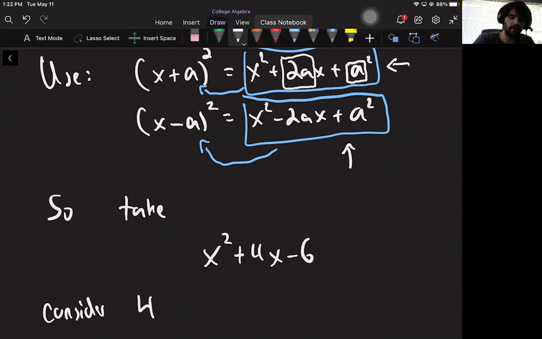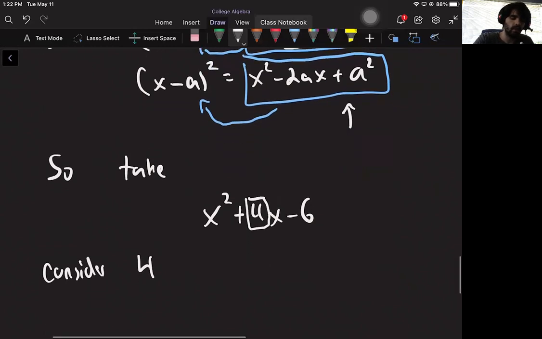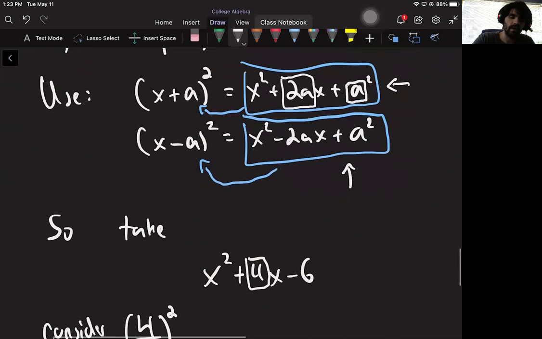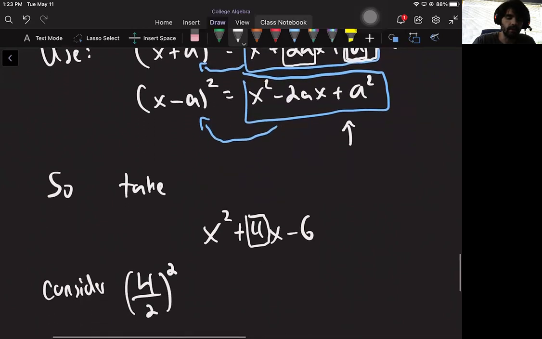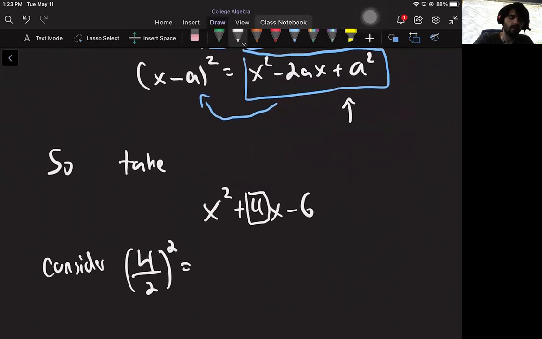So I'm going to take that thing and I'm going to cut it in half. So I'm going to always divide by 2, and then I'm going to square it. And if that's a squared, if I stick that there, then it'll be factorable. So that's what we're going to do. So 4 over 2 is 2, squared is 4.